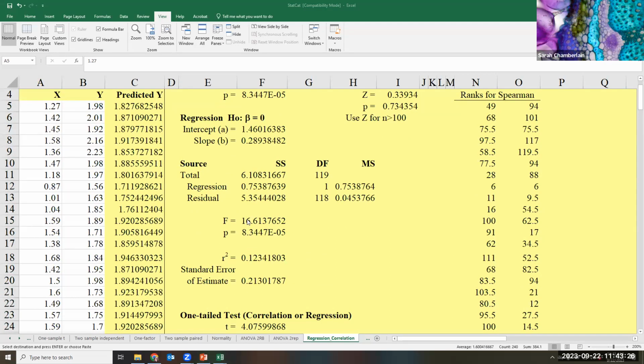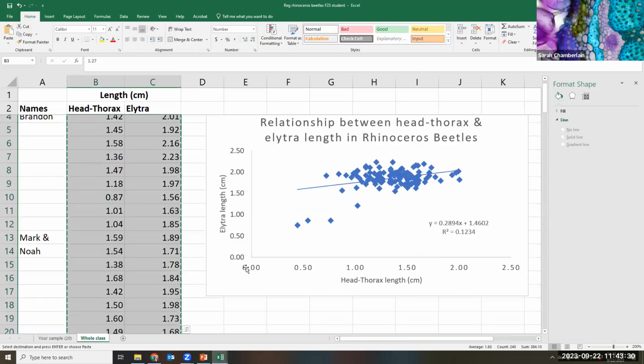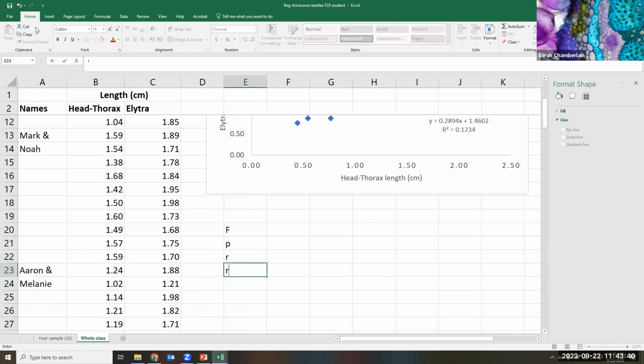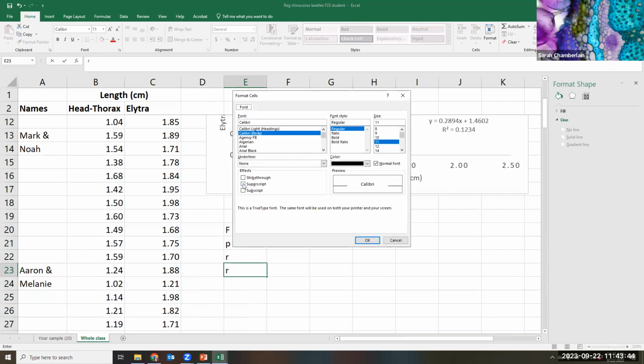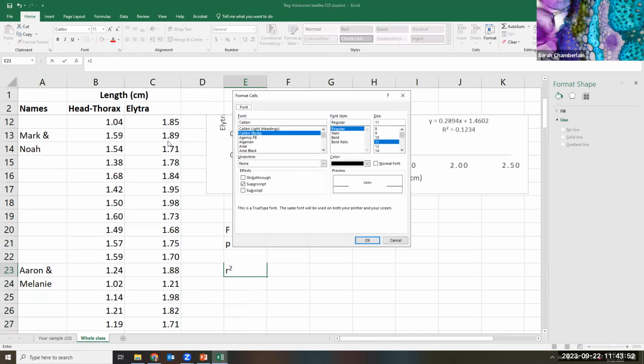I'm going to make a tiny table, and it's not going to be cute. So what did I say? F, P, and then R and R squared. And I'm going to be fancy. Okay. And then take that off. Okay, cool.